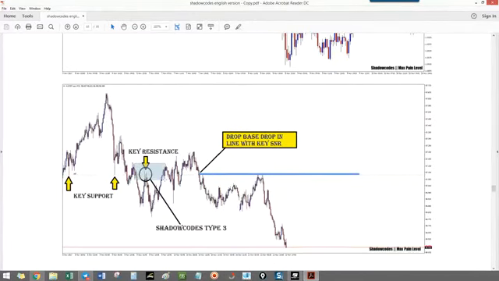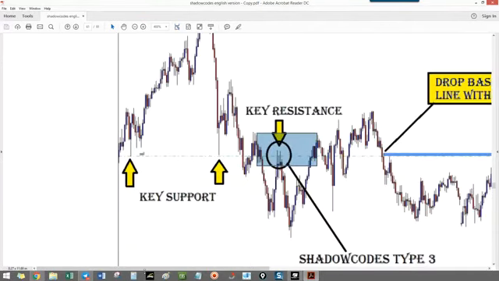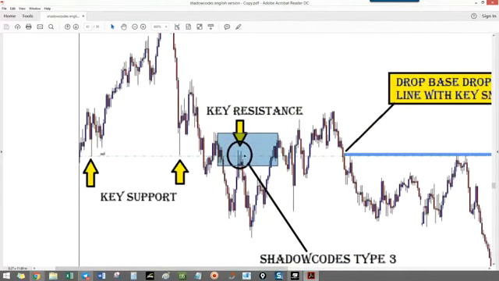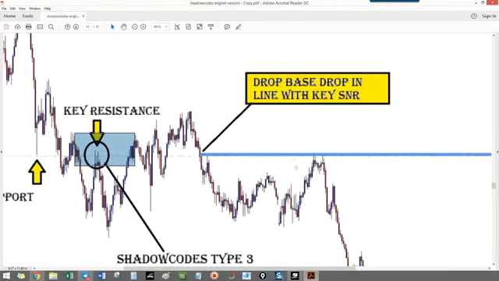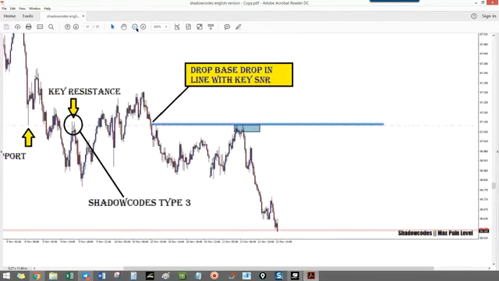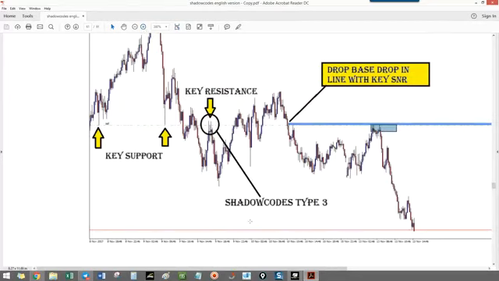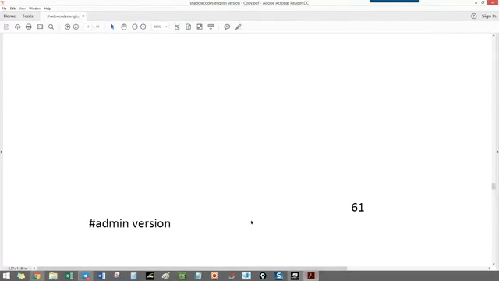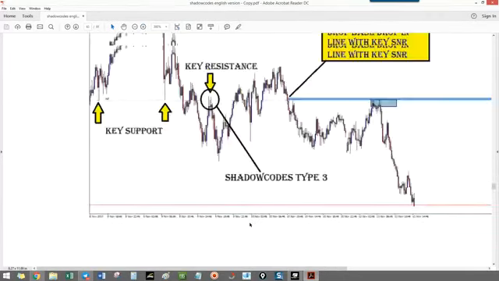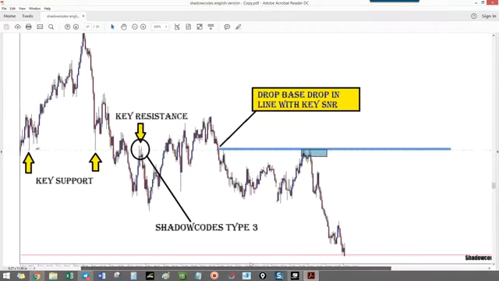Over here you got the Shadowcode Type 3. Shadowcode Type 3 here. And then you got your sharp entry here. Alright, that's it for ST3.